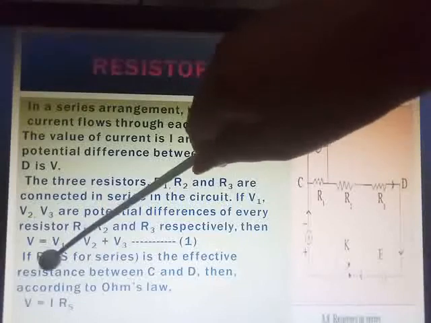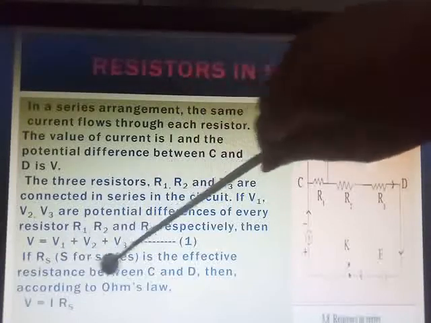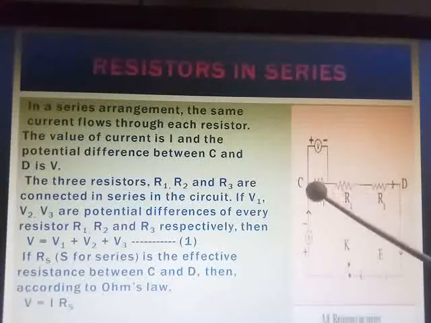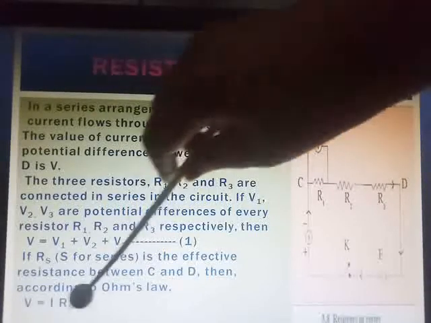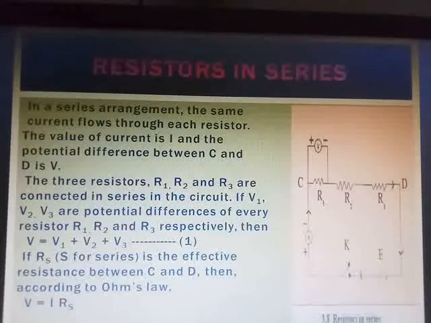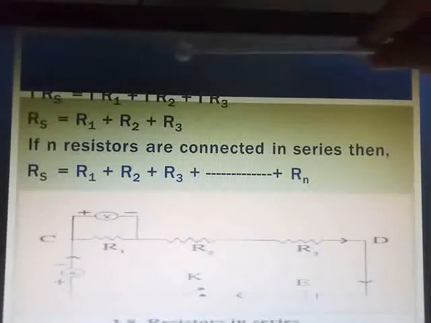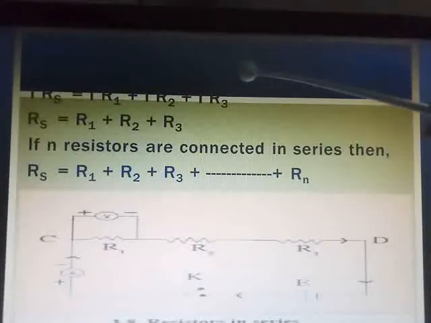Now if Rs, that is the resistance for S for series, is the effective total resistance between C and D, then according to Ohm's law, just now we have seen in Ohm's law, what is the formula? V is equal to IR. Here for series we take IRs. So V1 is equal to IR1, V2 is equal to IR2 and V3 is equal to IR3.